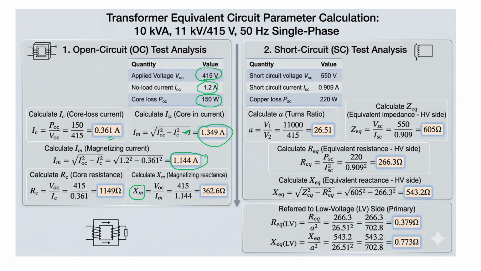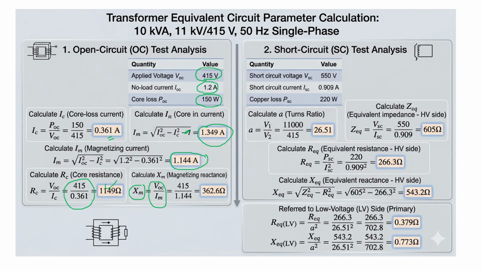So we can calculate the core reactance and the core resistance. Core resistance is obtained as V open circuit divided by the core current. So this is the core resistance. Core reactance is obtained by V open circuit divided by the imaginary current. So this is the reactance part. So we get the reactance of the transformer by using this equation.